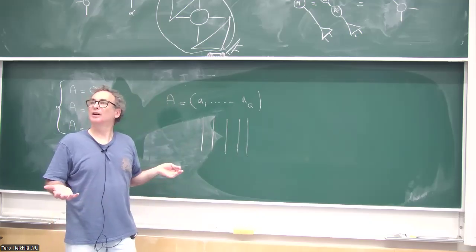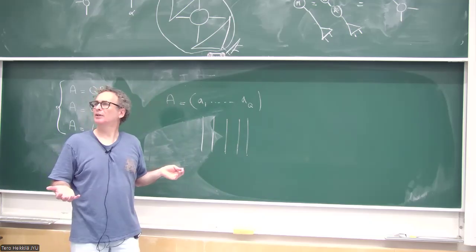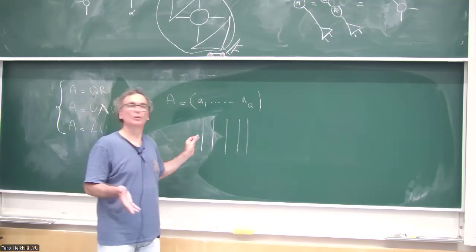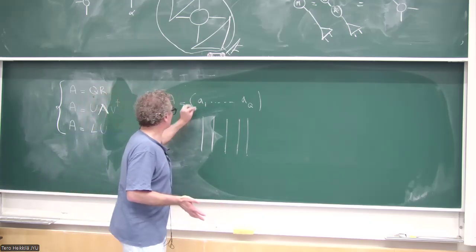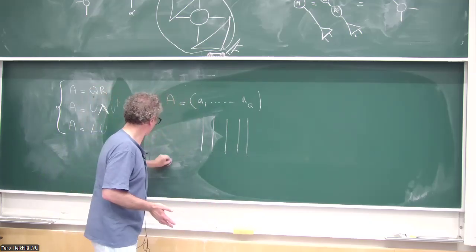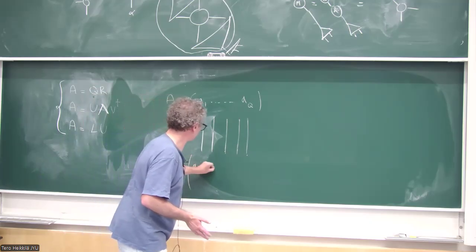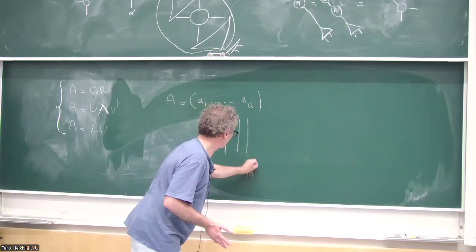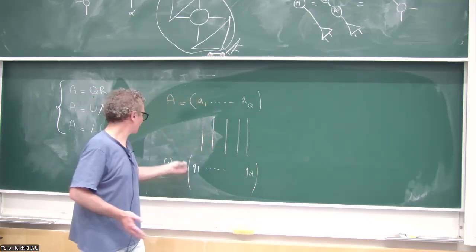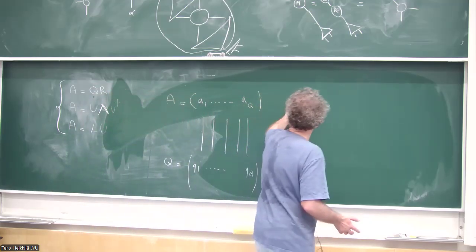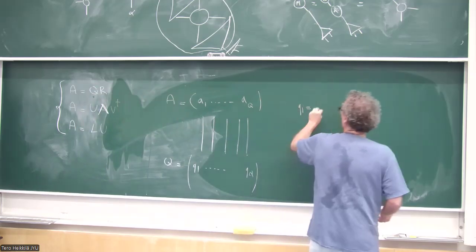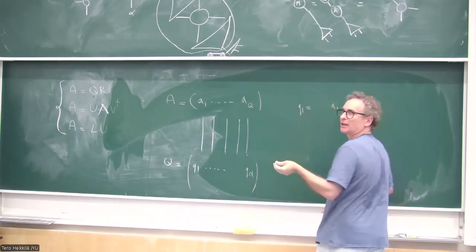When you do reorthogonalization, it's Gram-Schmidt, I can't remember which. So anyway, when you want to create a matrix Q which is unitary, you say, okay, Q1 equals A1, but you need to normalize it.